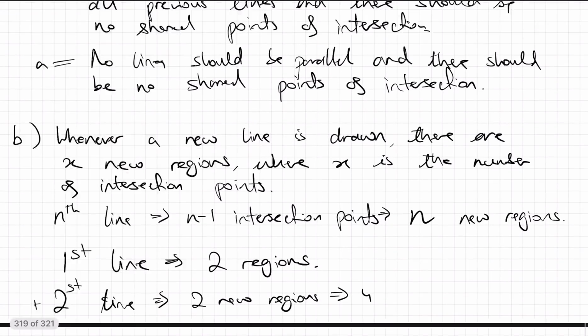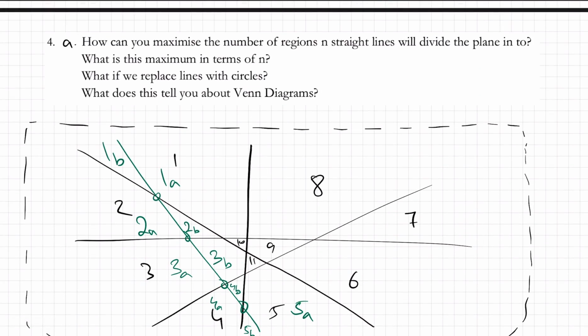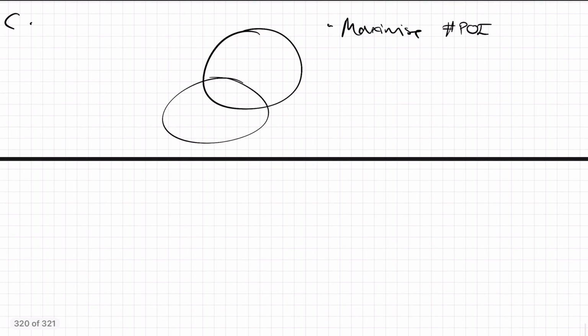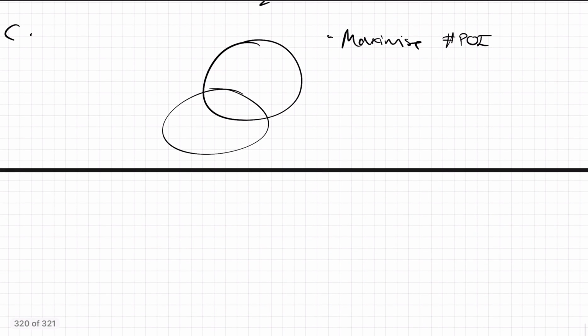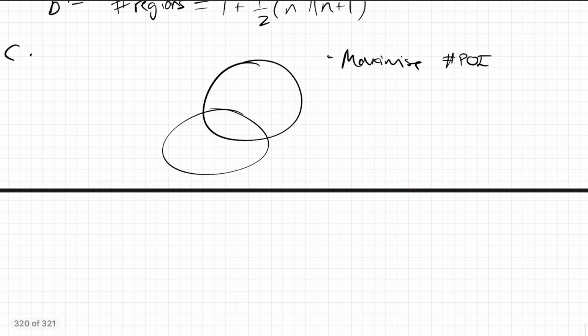And not sure if it wants us to give a formula. Let's try. So let's check how much time we have. 2 minutes. We can try and give a formula anyway. So the thing about circles is that now we can actually intersect the same circle twice. So we might do something like that. But that means we just need to ensure we maximize the number of intersection points.